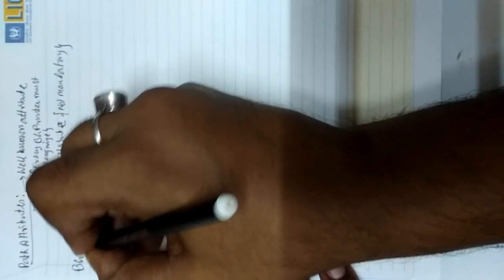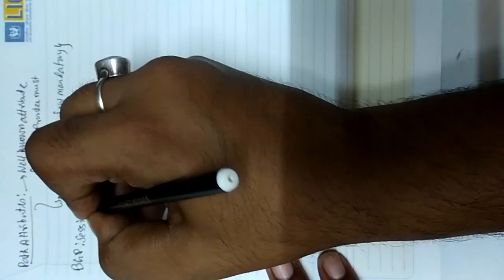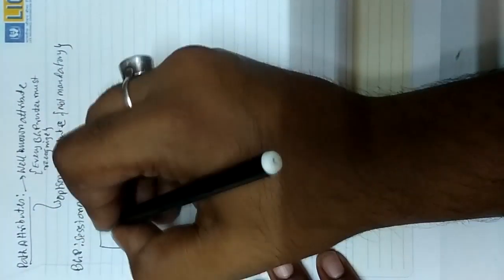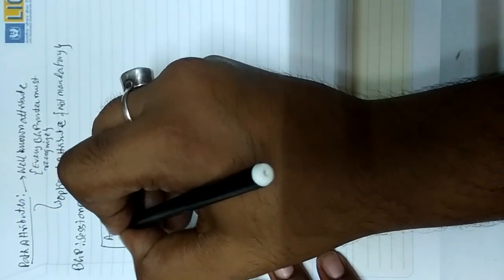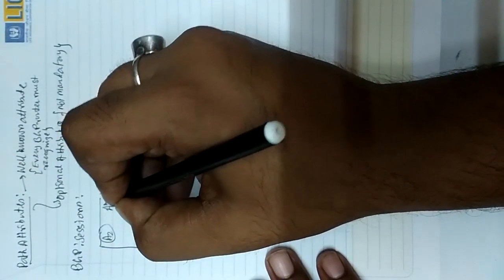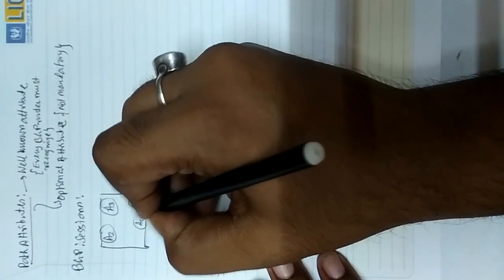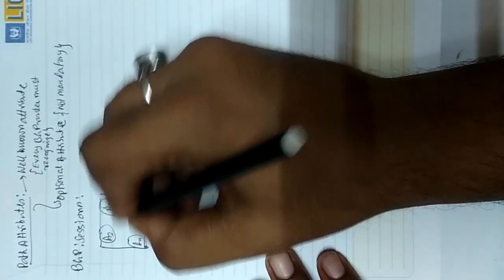Okay, now we will discuss the BGP session. For the BGP session, let us first draw the figure, then you will understand it clearly. This is autonomous system 2, autonomous system 3, this is autonomous system 1, autonomous system 5, autonomous system 4, and these are all connected.